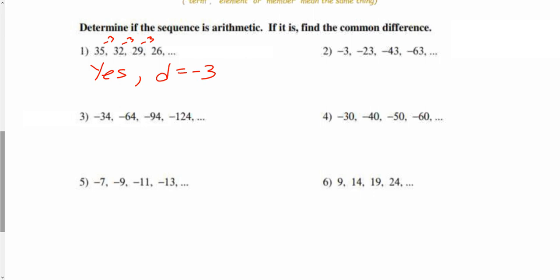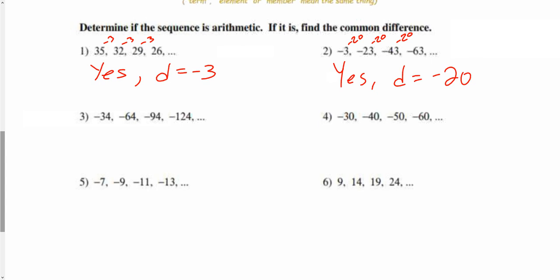How about the next one? Yeah, it looks like negative 20. Let's see. Looks like negative 20 every single time. So yes, and the common difference is negative 20. Example 3.